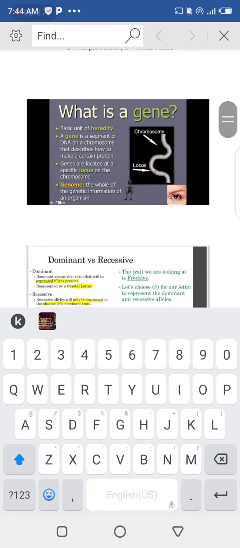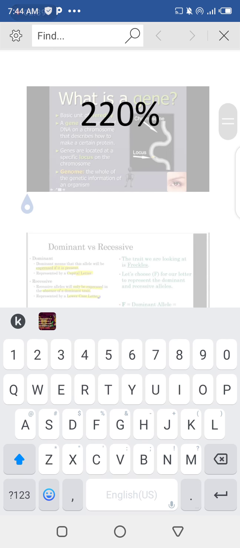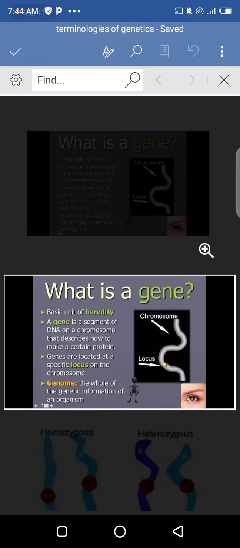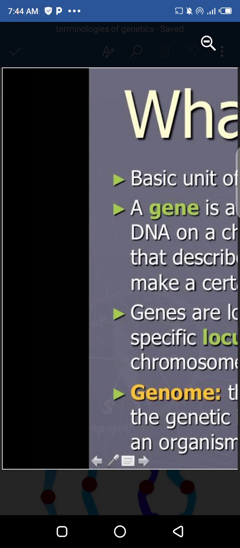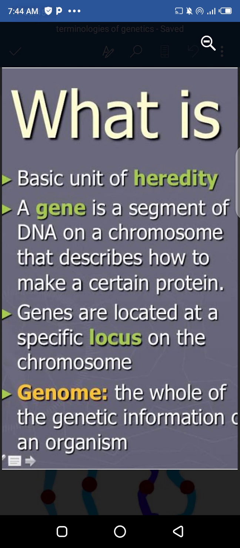Now, what is a gene? Gene, the basic unit of heredity. A gene is a segment of DNA on a chromosome that describes how to make a certain protein. Genes are located at a specific locus on the chromosome. And what is a genome? The definition of genome is the whole of the genetic information of an organism.